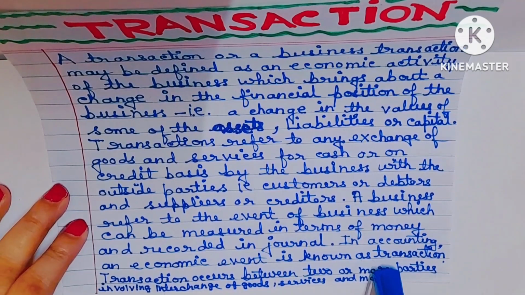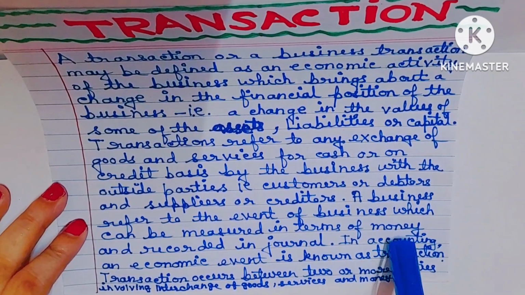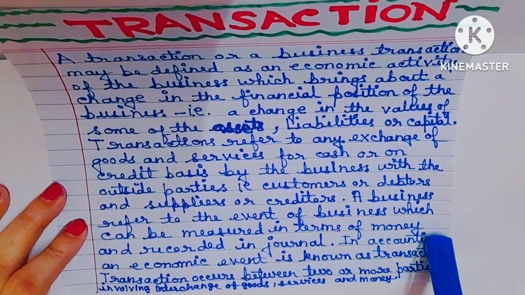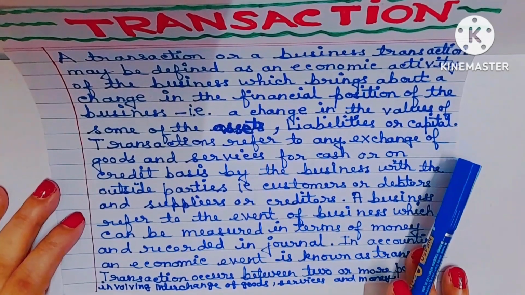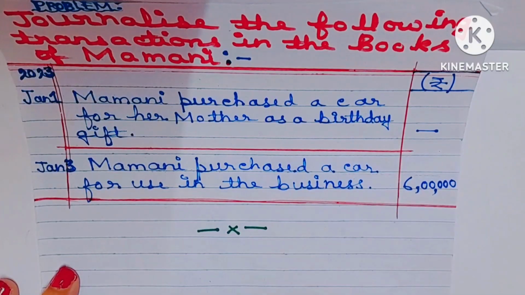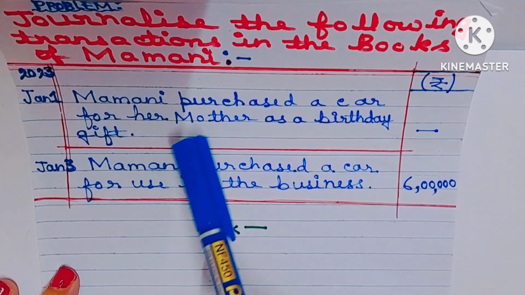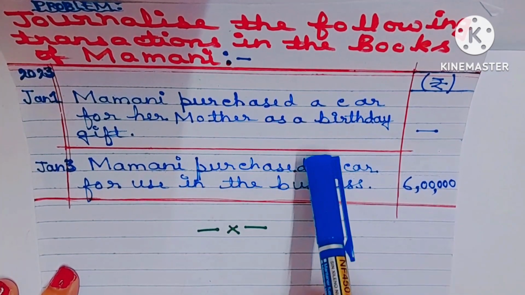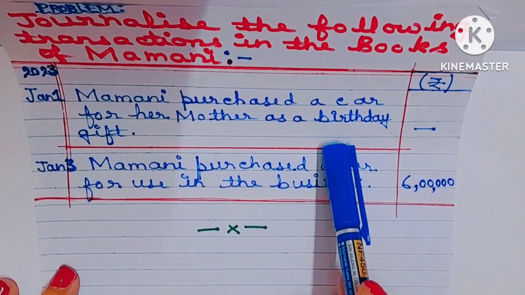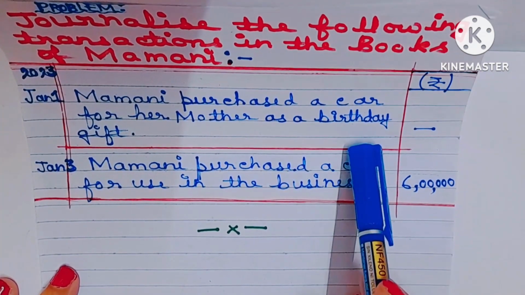So what are the examples of transactions? The examples of transactions are the same as the examples of economic events. Okay? Understood? Because transactions are economic events. So the first transaction, on 1st January 2023, Mamuni purchased a car for her mother as a birthday gift, is not a transaction because this is a social engagement or a non-economic event.